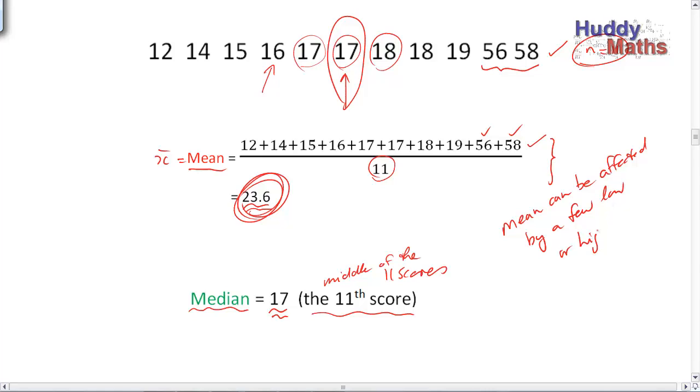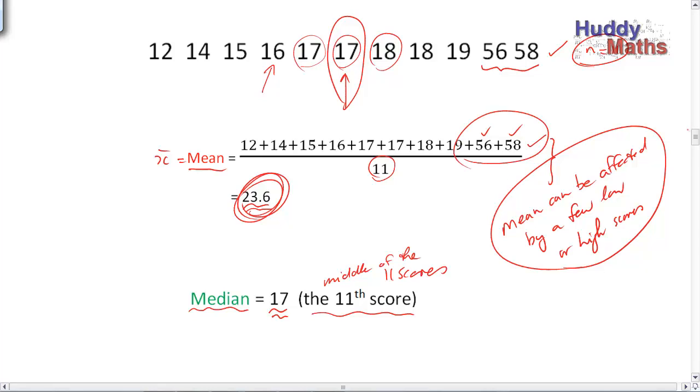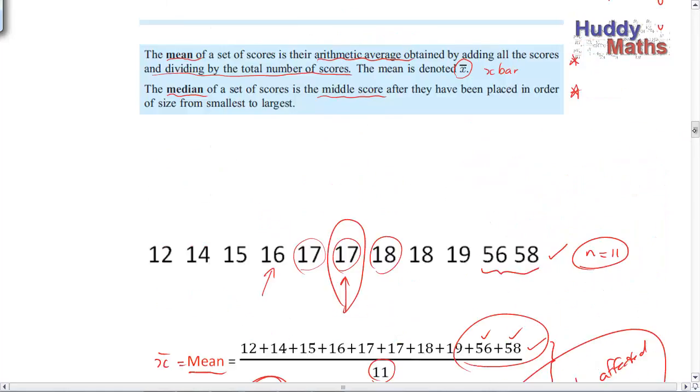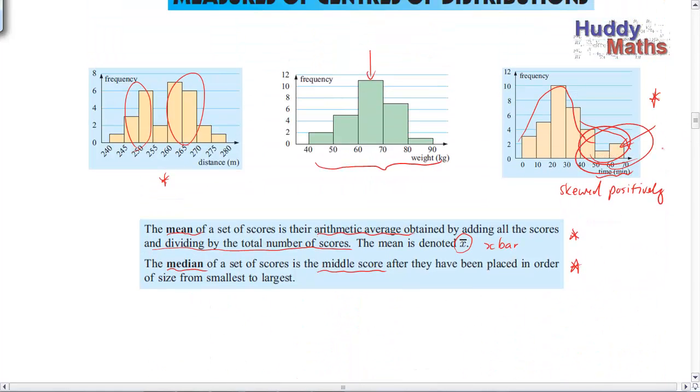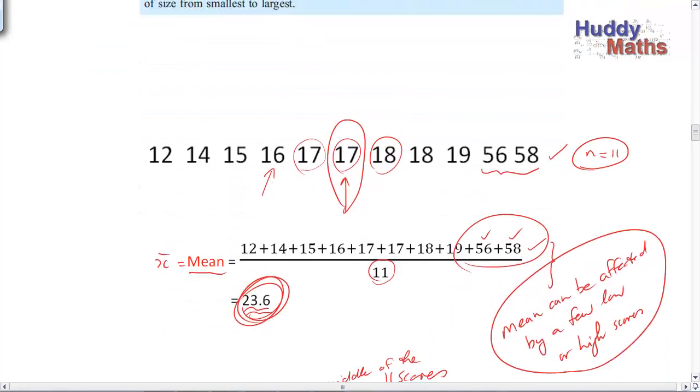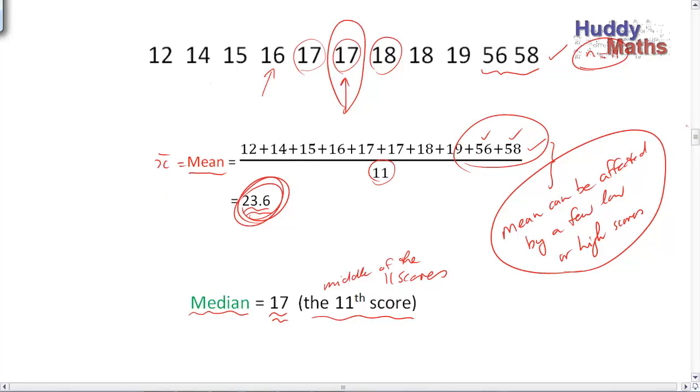Okay, so we need to avoid using it where that's going to give a false impression. Come back up the top here. See here? That might have been what would happen there. Those few high ones might have elevated the average quite a bit. So, getting the idea.